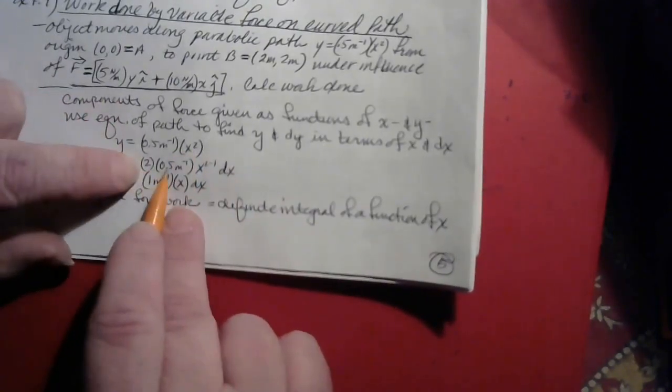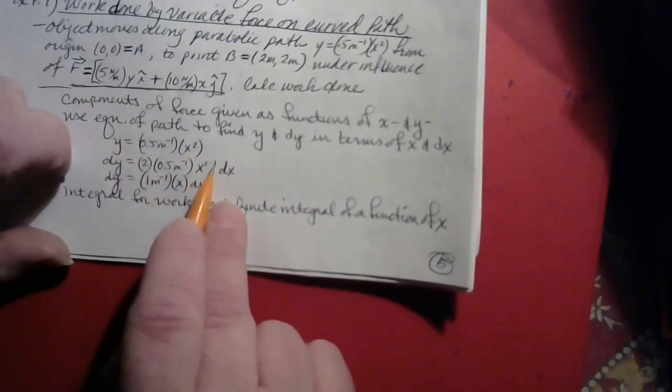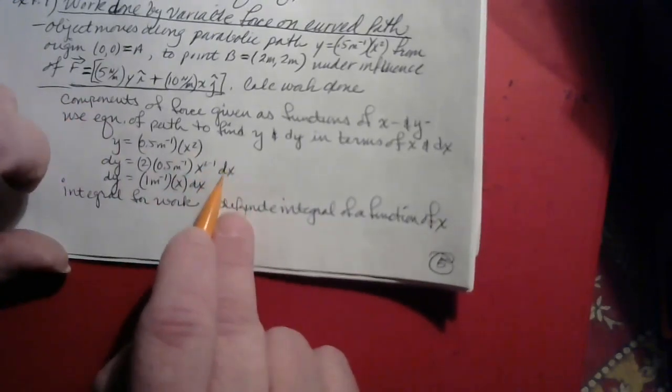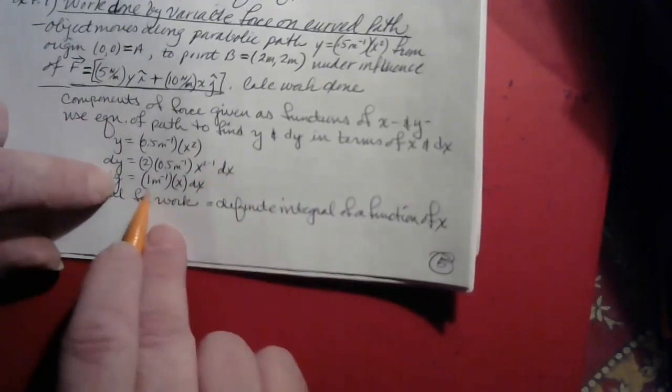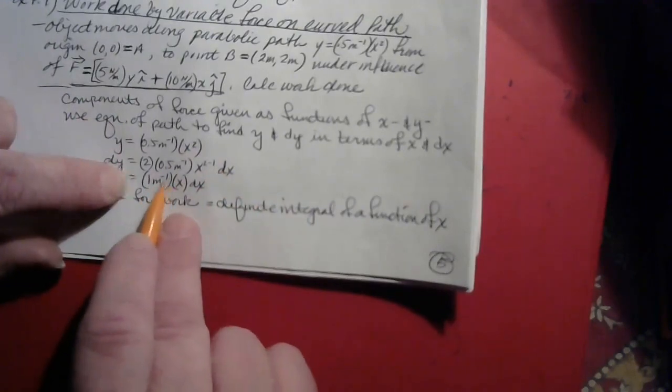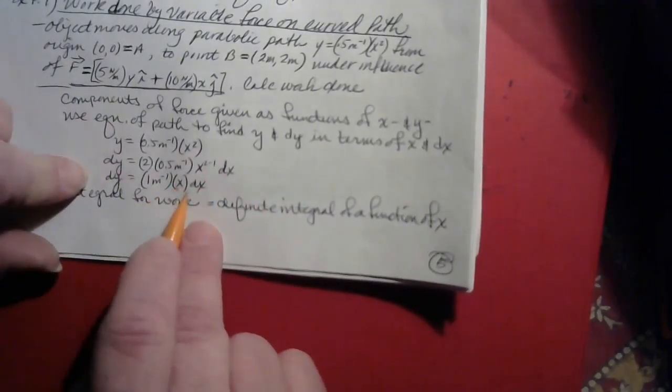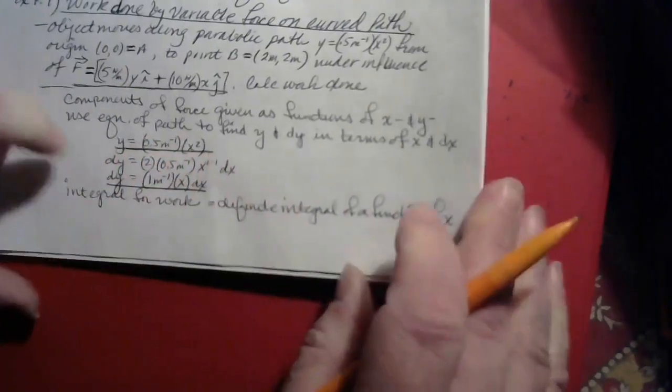So that's why we have 2 times 0.5 meters^-1 times x to the 2 minus 1 power times dx, or in other words, 1 meter^-1 times x dx. So that is dy in terms of x. And there's y in terms of x, which we were actually given at the beginning.